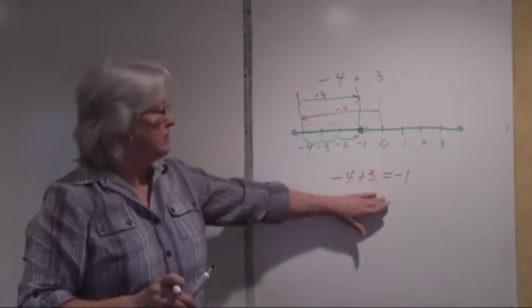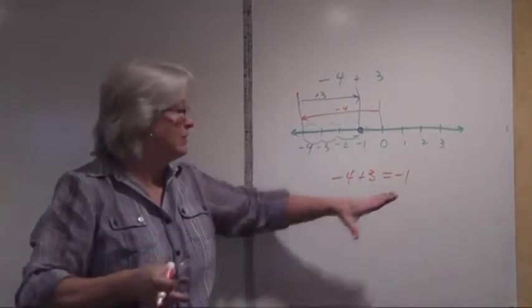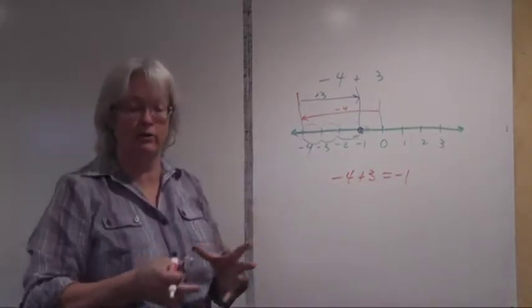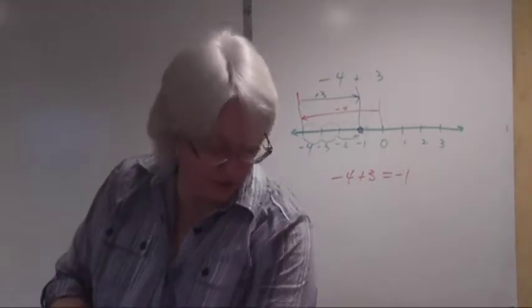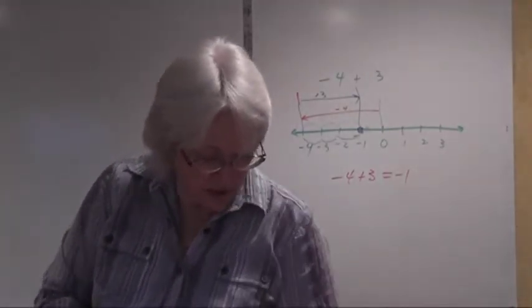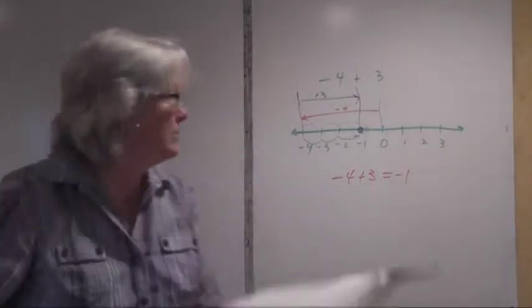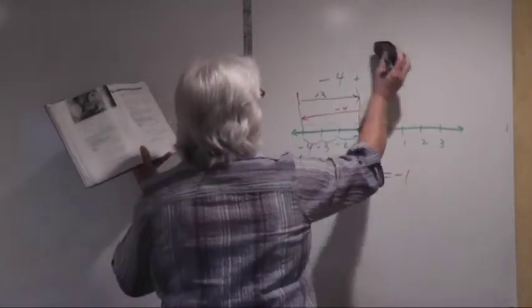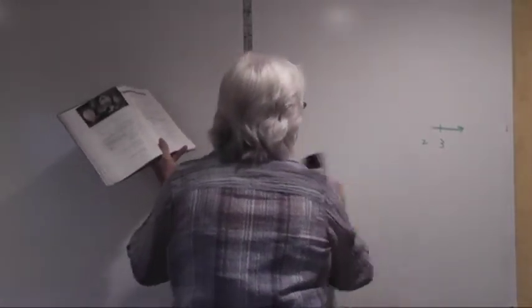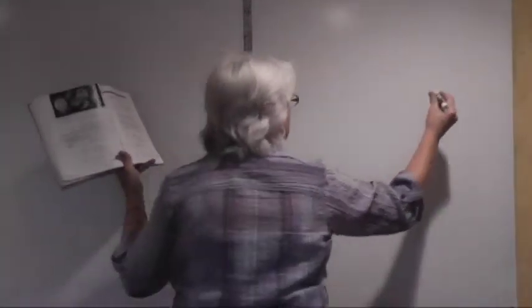So this is the underlying theory that lets us know how to add together integers with different signs, and this is the method that we have been using. I want to go ahead and write the method from your book for you. What do we do if we're going to add integers that have unlike signs?